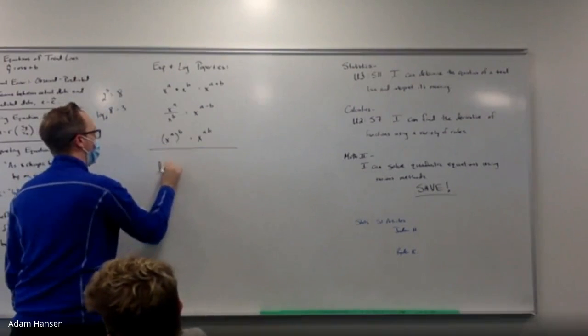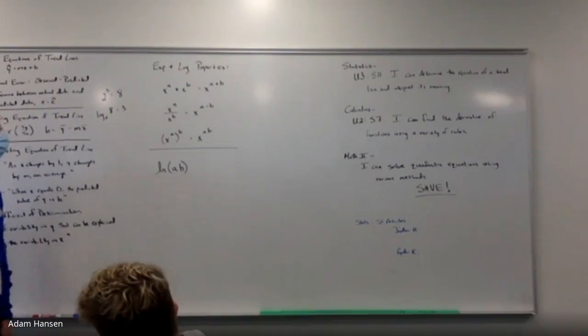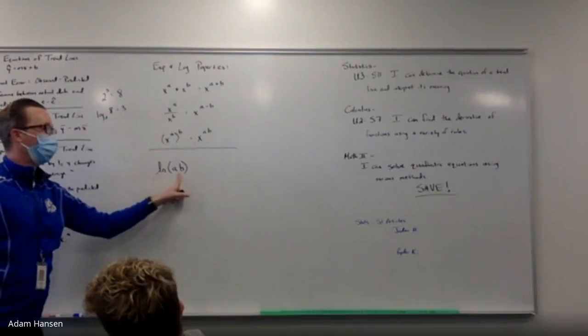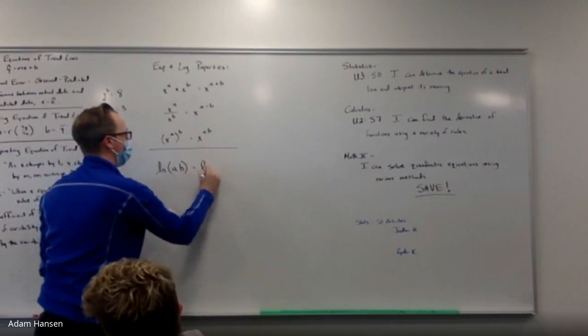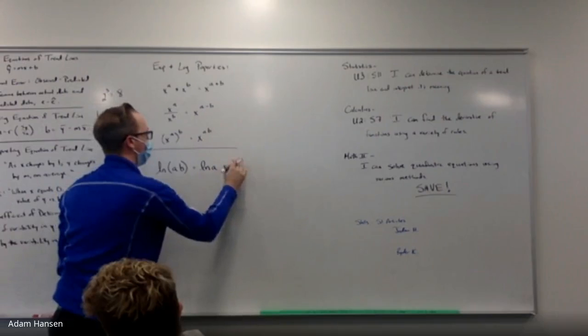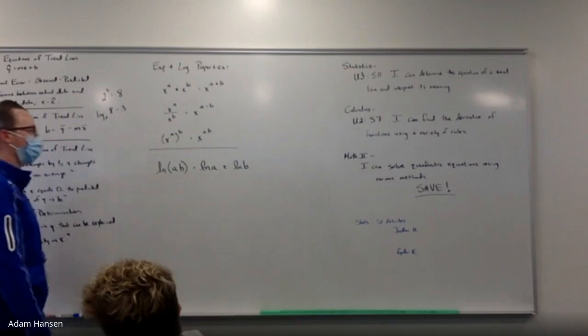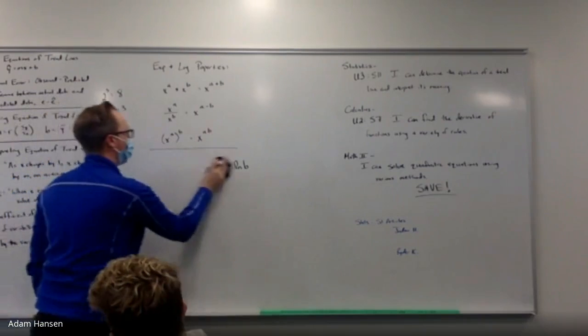The natural log of a times b: when I'm multiplying these 2 values together in a logarithm, I can expand it as the natural log of a plus the natural log of b. Or I could write this as a log of any type.